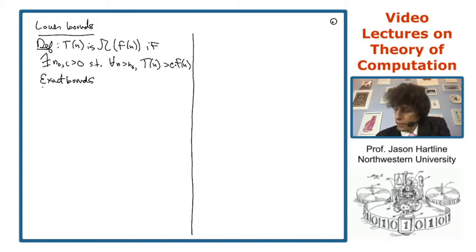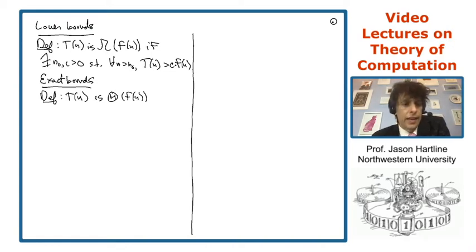We'll also be interested in exact bounds. We'll say T of n is big theta of f of n if, and this time we won't have to give any new math, we'll just use the previously established big O and big omega notation.